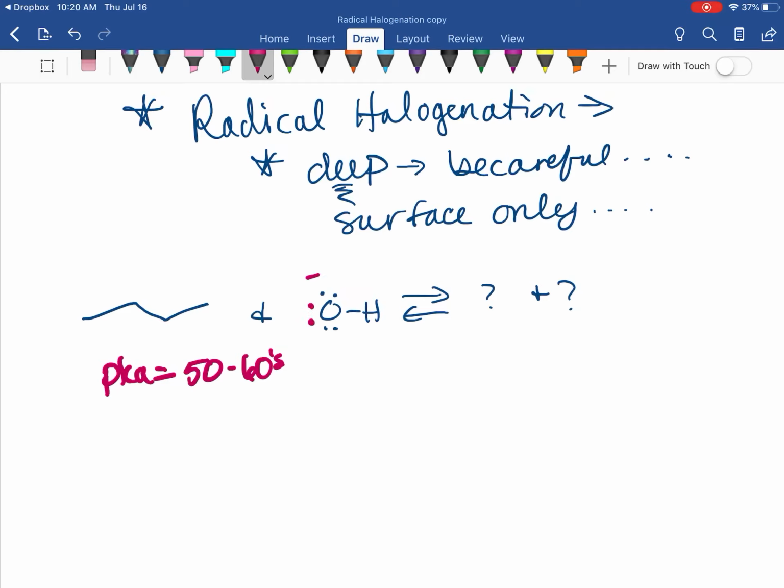Look at those available electrons just right out there screaming, hey, I'm available. This is absolutely your base. You've got the negative sign there and you've got your available electrons right there. This is your base. By default, that means your alkane is your acid.